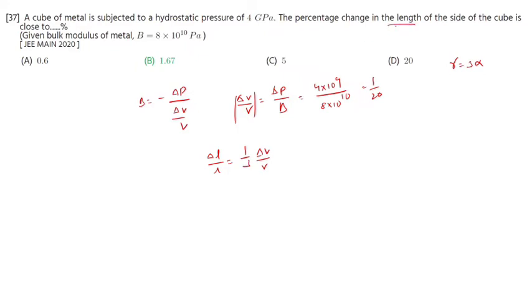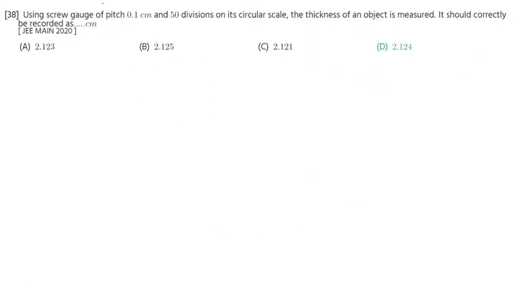Now the percentage change in the length we can easily calculate, that is 1 by 3 into 1 by 20, that is 1 by 60. Okay, now what is the percentage change? So delta L by L into 100, that is 100 by 60, how much? 1.67%. Option B.